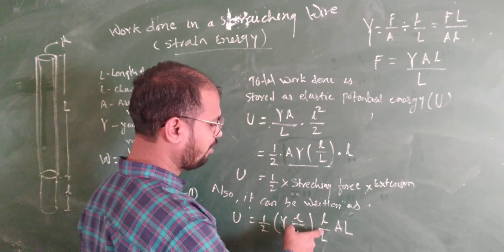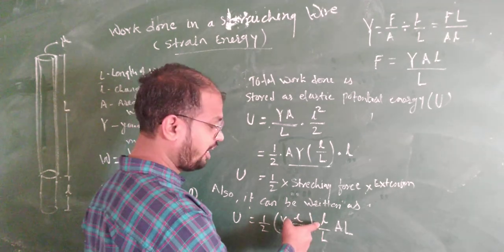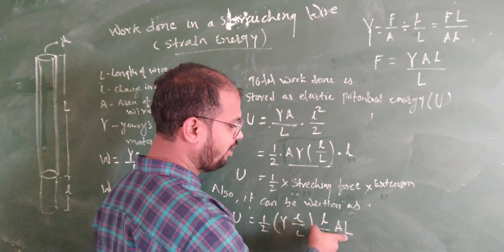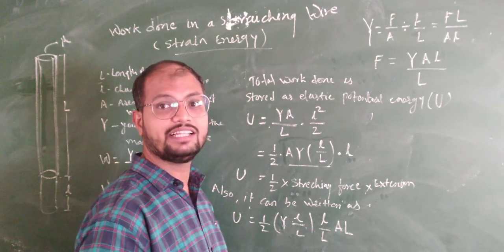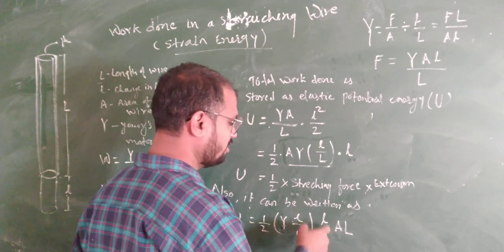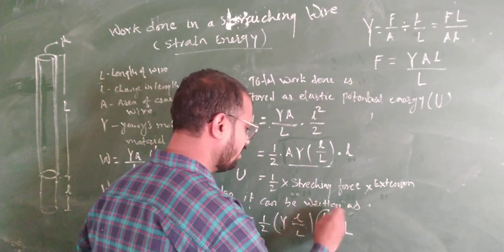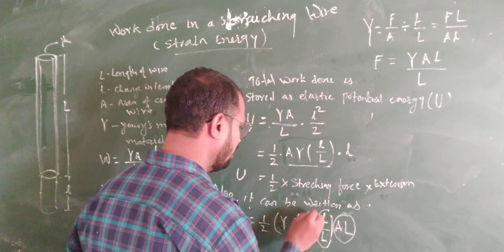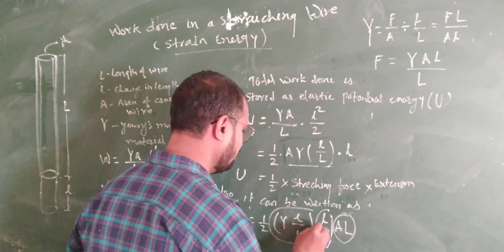And this small l upon capital L is the longitudinal strain. And area into the original length is the volume of the wire.